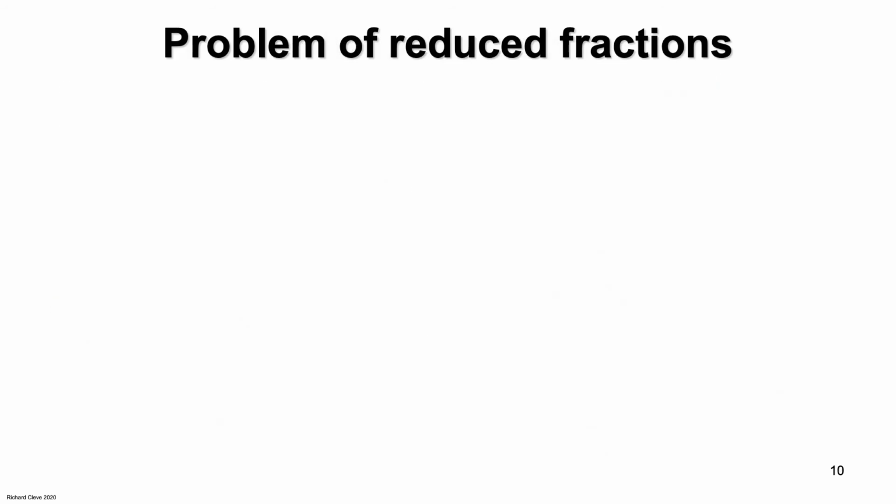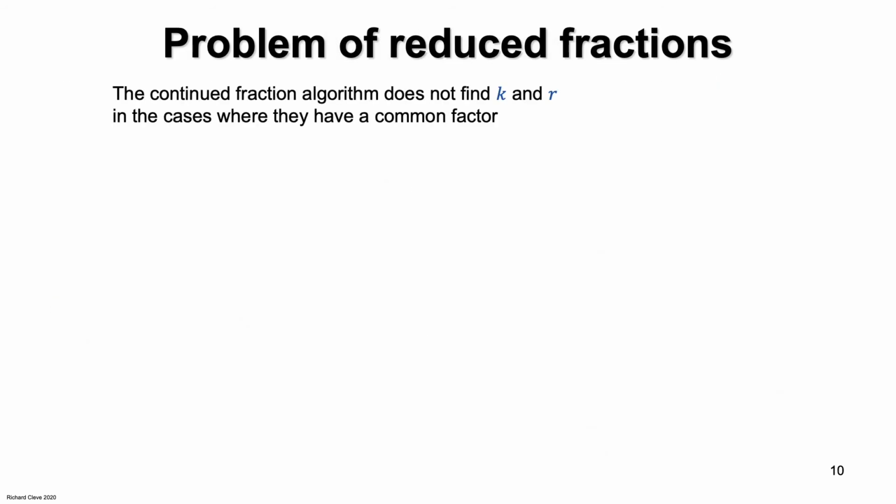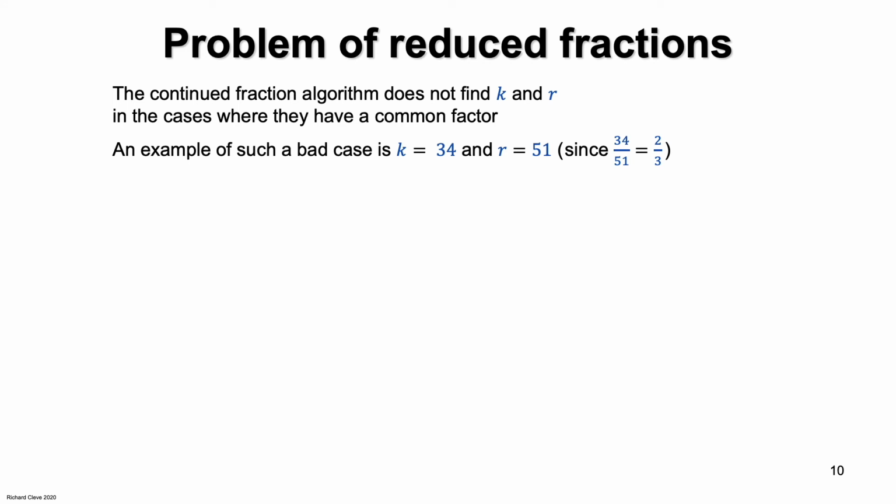The problem is that different k and r can correspond to exactly the same number. For example, if k is 34 and r is 51, then the rational number 34 over 51 is the same as the rational number 2 over 3. You can divide both the numerator and denominator by 17.